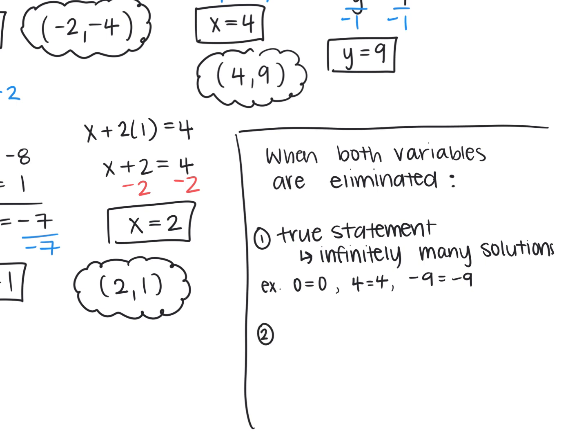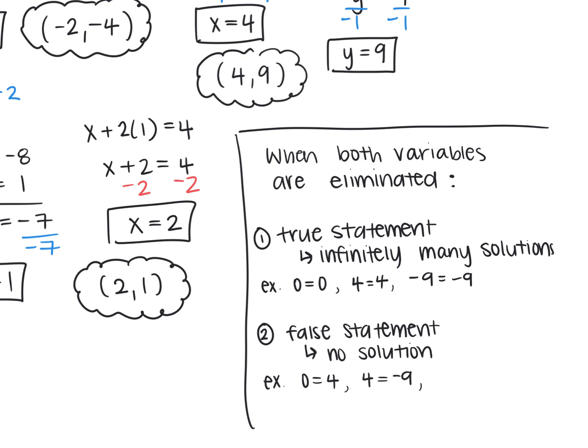The second one happens if you end up with a false statement. And that is when you have no solution. So that could be 0 equals 4, 4 equals negative 9, or like 0 equals negative 9.